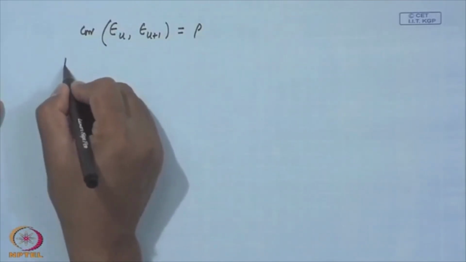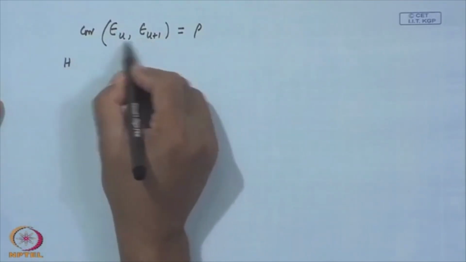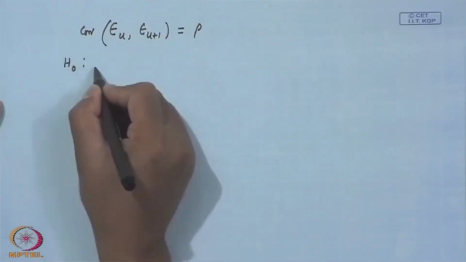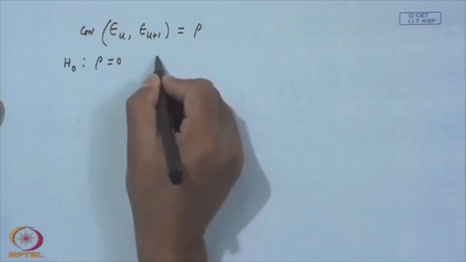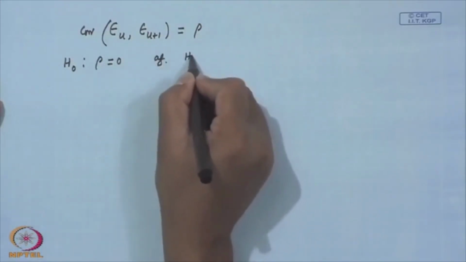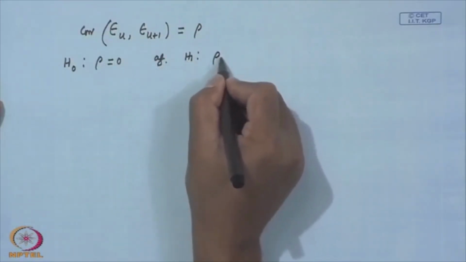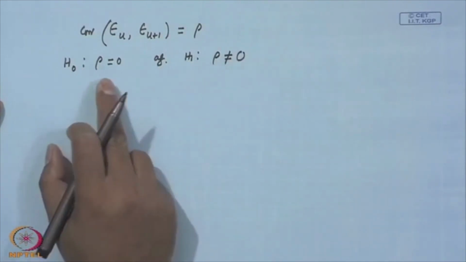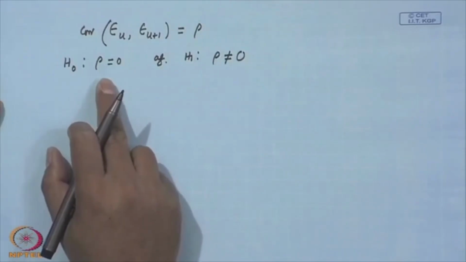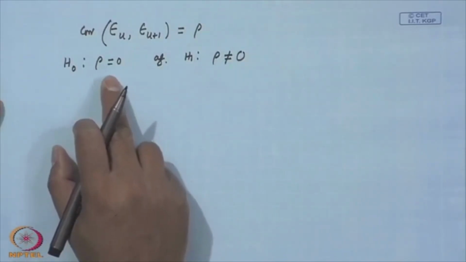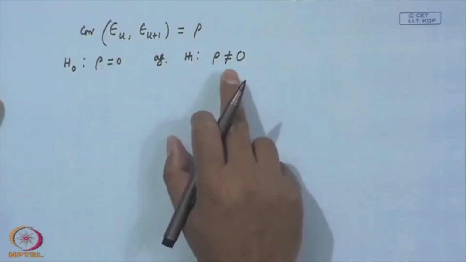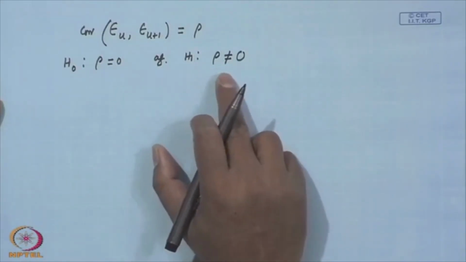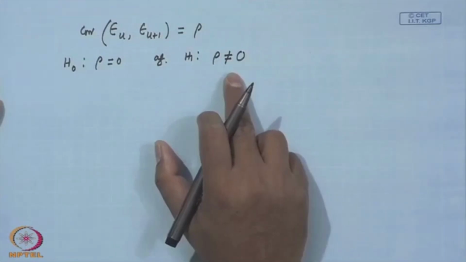Here the errors are one step apart. So, we need to test H naught: rho equal to 0 against H 1: rho not equal to 0. H naught says that there is no lag 1 autocorrelation in the residuals, and H 1 says there exists lag 1 autocorrelation.